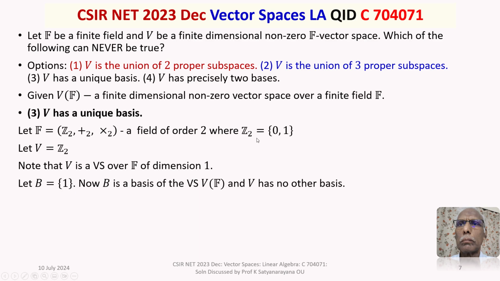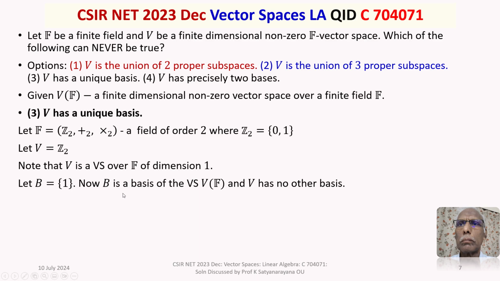How many singleton sets are there consisting of non-zero elements? There is only one singleton set whose element is not zero. B is that set, and it spans the whole of the vector space and it is linearly independent because 1 is not 0.